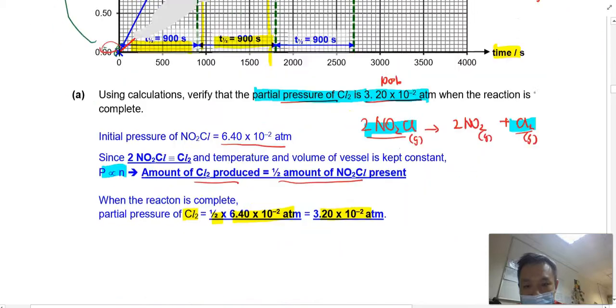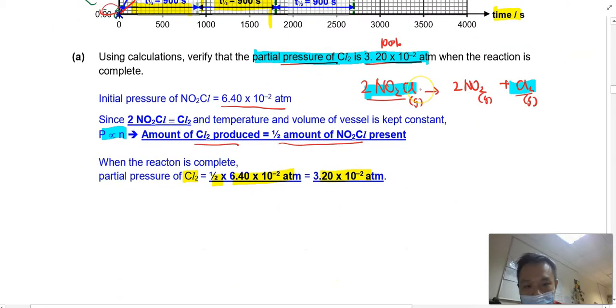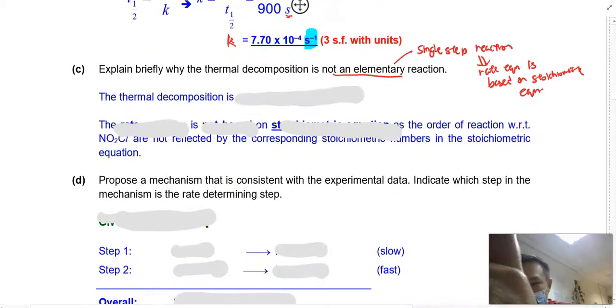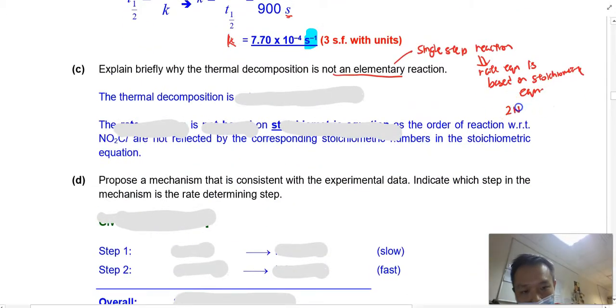Okay, the stoichiometric equation is 2NO2Cl to form 2NO2 plus Cl2. Okay, so I'm going to write this down. So the stoichiometric equation is 2NO2Cl to form 2NO2 plus Cl2. So if this is an elementary reaction, the rate equation, if, I say again, if, big if, this is an elementary reaction, rate will be equal to k [NO2Cl] squared.